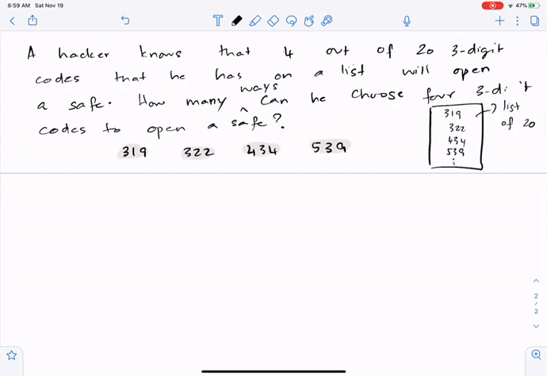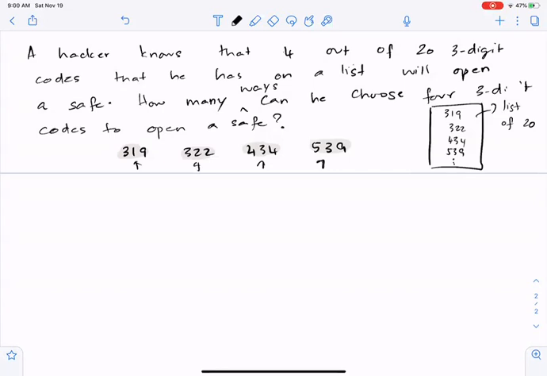So he keeps picking the first 4 codes, tries it to open the safe, doesn't work, does it again, doesn't work. So he's going to keep on trying. So how many ways are there for the hacker to pick 1, 2, 3, 4 3-digit codes from a list of 20?